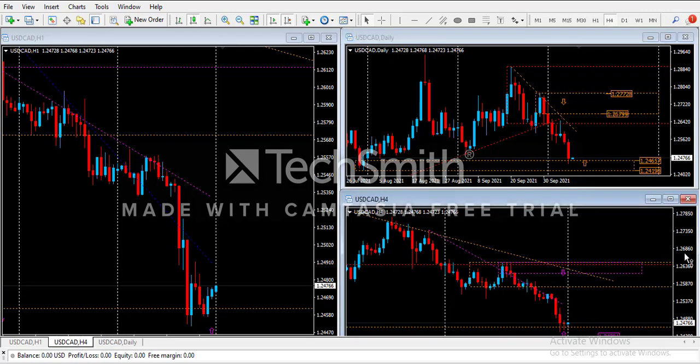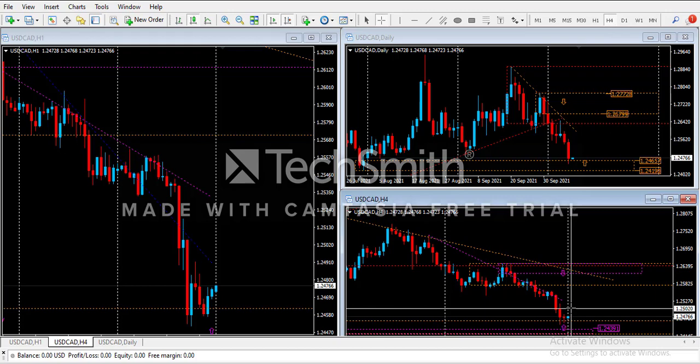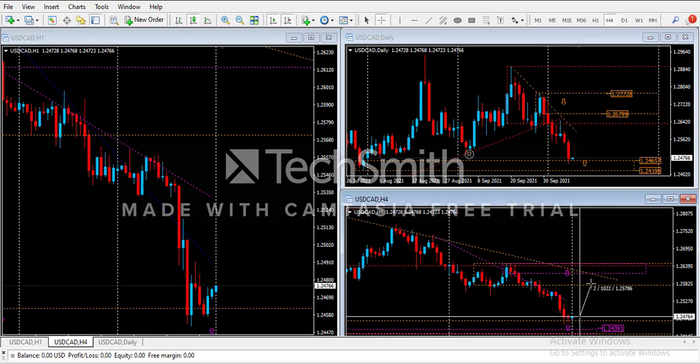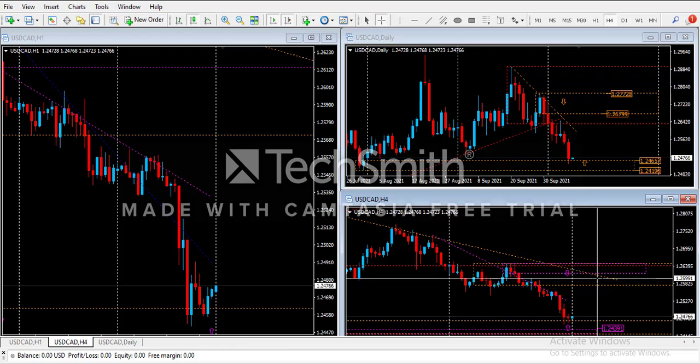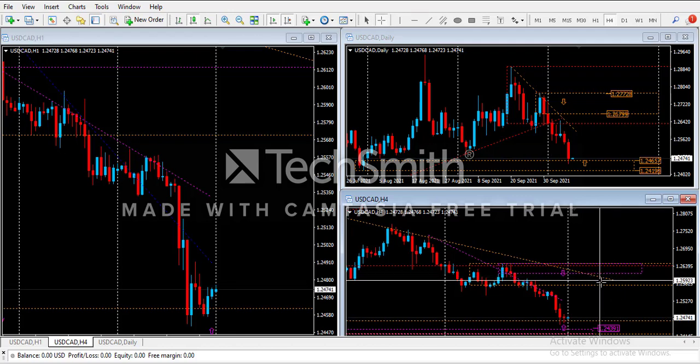So if we are waiting on the 4-hour chart for a changing tendency after upward correctional movement, of course we can work the sell direction to the demand area.